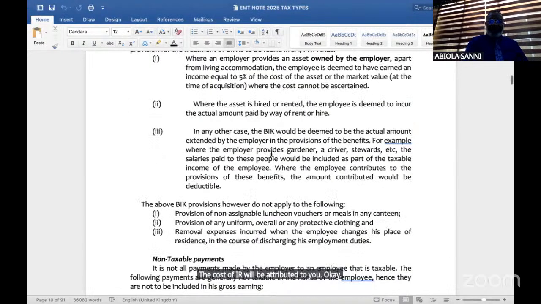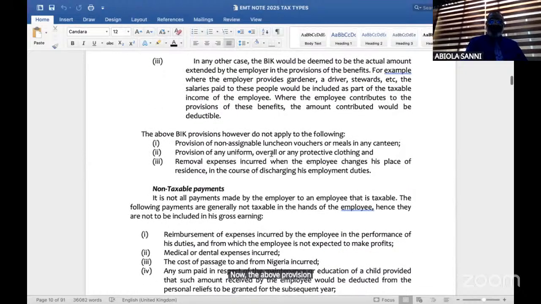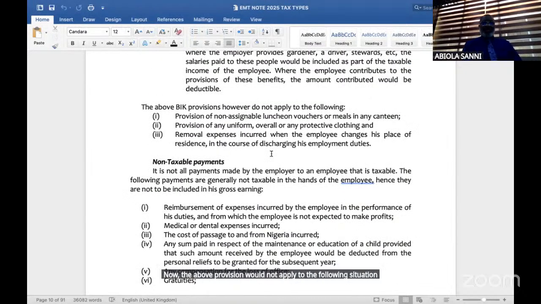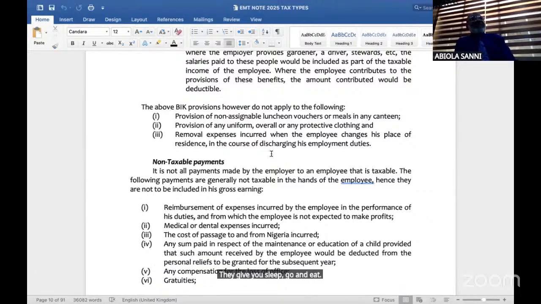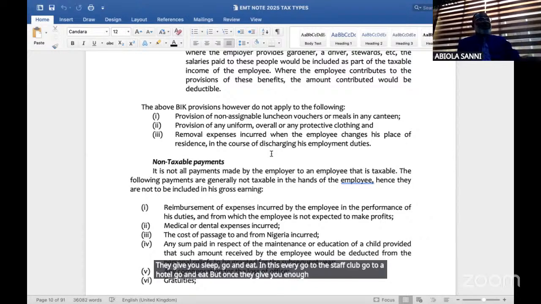Now, the above provision will not apply to the following situations: provision of non-assignable luncheon vouchers. If they give you a slip, go and eat every lunch, go to the staff club, go to a hotel, go and eat. But once they give you enough for you to give to your children, it is assignable.